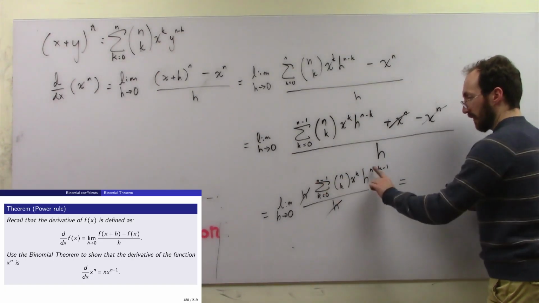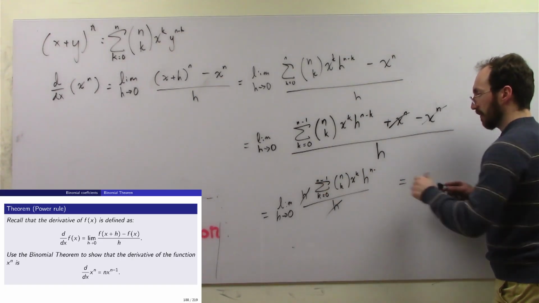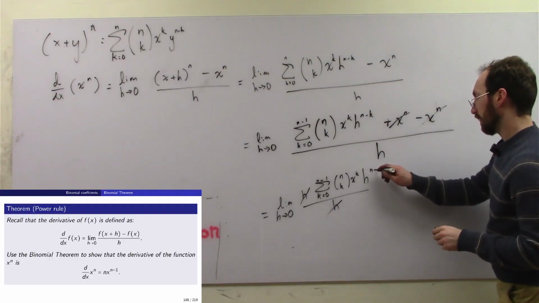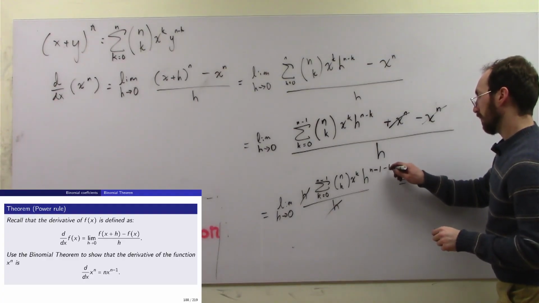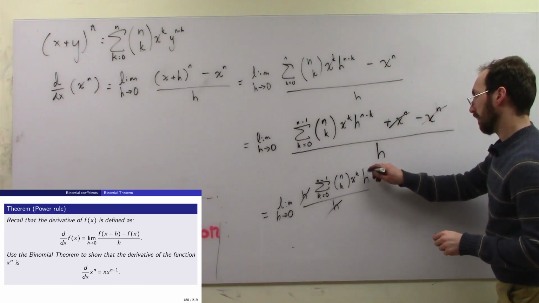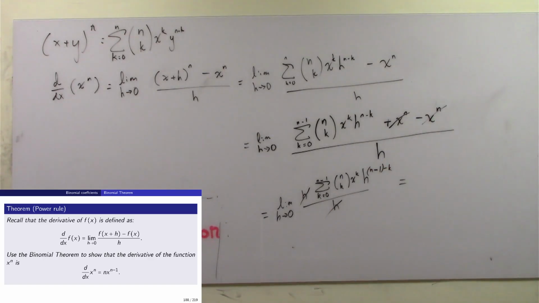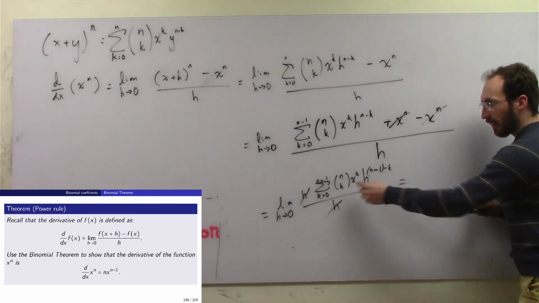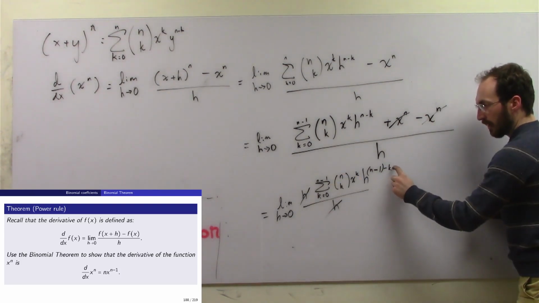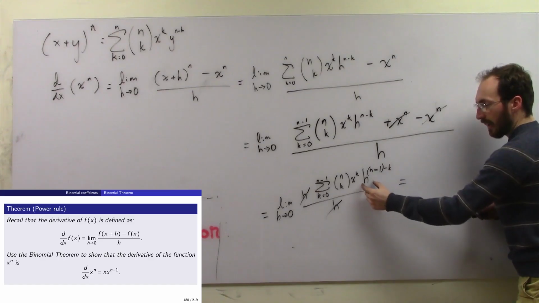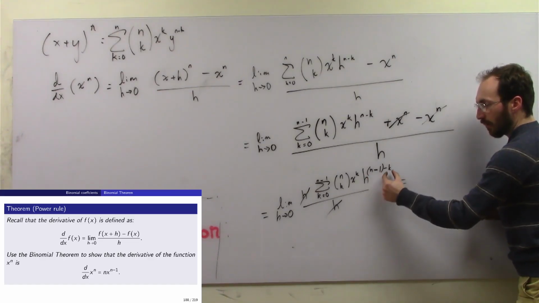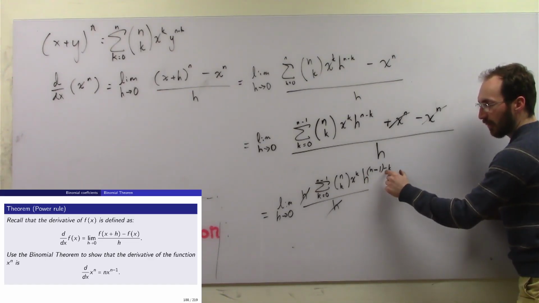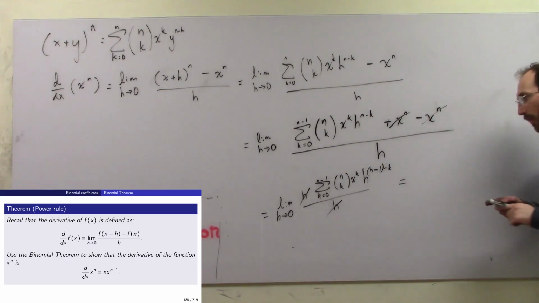Well, let me rewrite this to make it a little bit clearer. This is n minus 1 minus k. Written like this, if we plug n minus 1 into our value of k here, we get h raised to the n minus 1 minus n minus 1, or just 0.